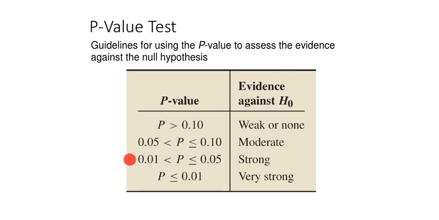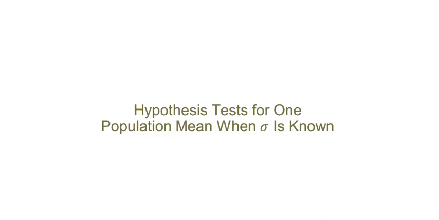On the other hand, if our p-value is less than or equal to 0.05 and greater than 0.01, that might be pretty strong evidence to reject. And if it's less than 0.01, let's say we're using a 95% rejection test, well, we got very strong evidence to reject that null hypothesis.